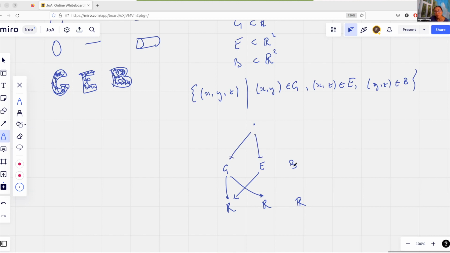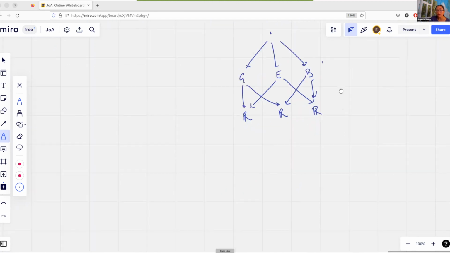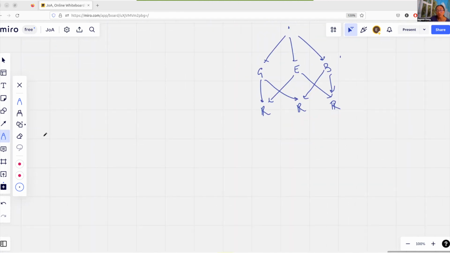Then the second coordinate of E wants to be the same as the second coordinate of B, so we want that diagram to commute. And the second coordinate of G wants to be the same as the first coordinate of B, so we want this square to commute. And so I think that this is a kind of universal property over this diagram. That is what I think. Now I'm really curious to know if that's how he actually constructed it, but I will move on.